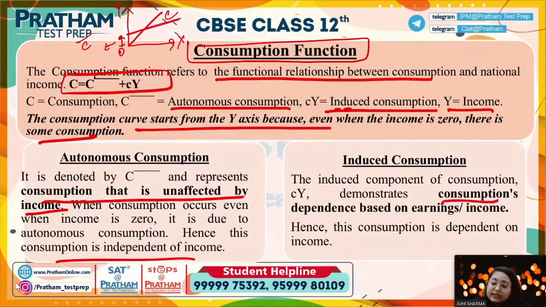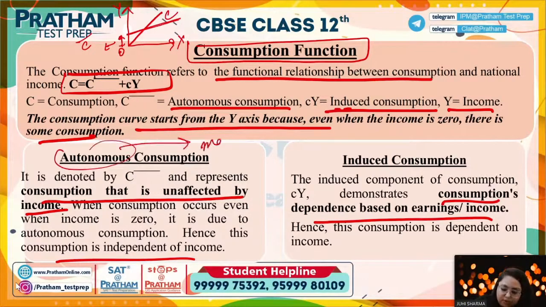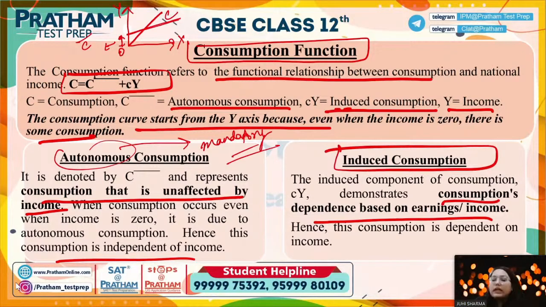It is that consumption which is dependent on earnings, which is dependent on income, unlike autonomous consumption. Autonomous consumption is like a mandatory consumption, whereas induced consumption is, you know, dependent consumption. Agar zyada income hoga to zyada consumption hoga, kam income hoga to kam consumption hoga. So there are two types of consumptions.